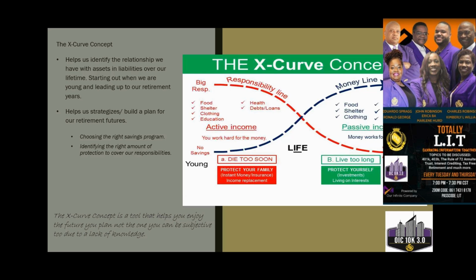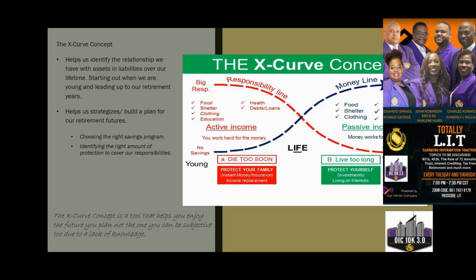And you can position yourself using this concept as you choose different programs to grow your money, or you make decisions to say, well, you know what? I am going to need X amount of dollars, and I don't plan to work for the rest of my life.